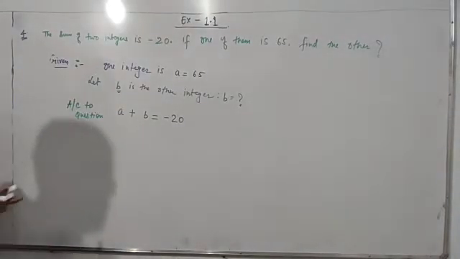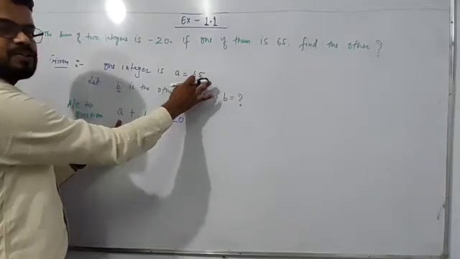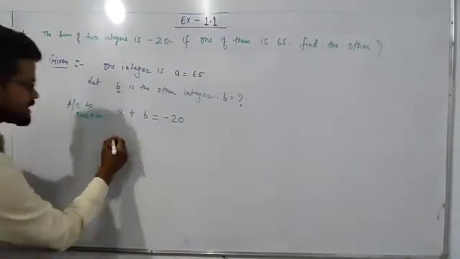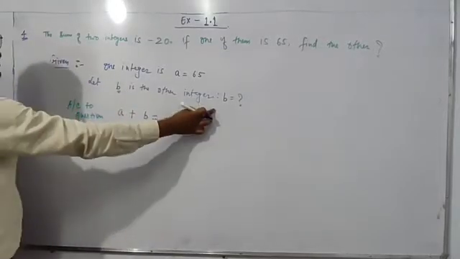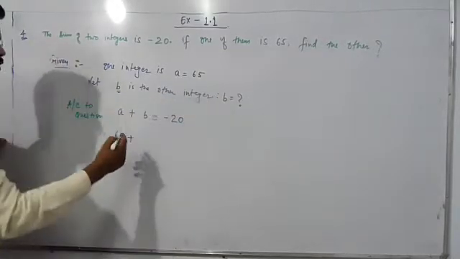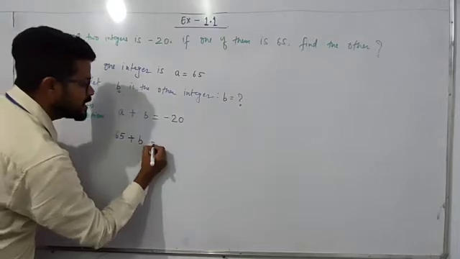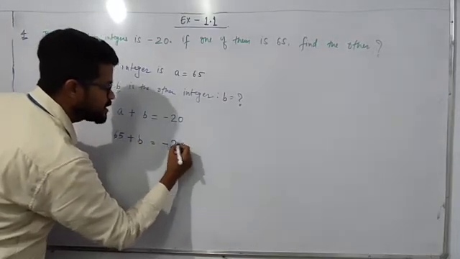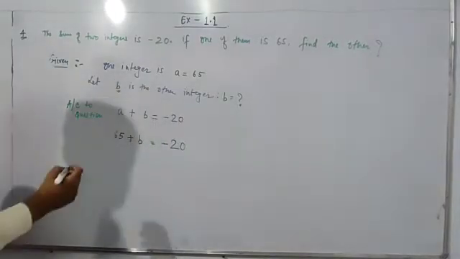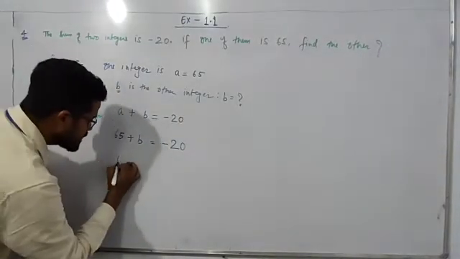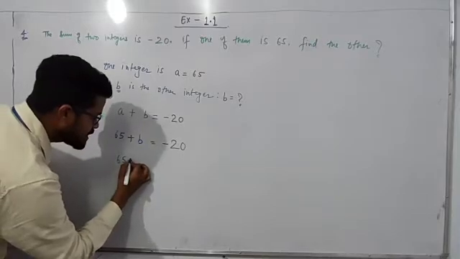Now we know the value of a. What is a? 65. And the value of b we have to find, so 65 plus b is equal to minus 20. Now how do we solve this problem?